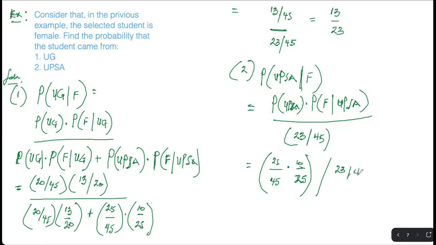All right. So that's 23 on 45. Just wrap up shortly. So here in this parenthesis, the first one, we have 10 on 45.